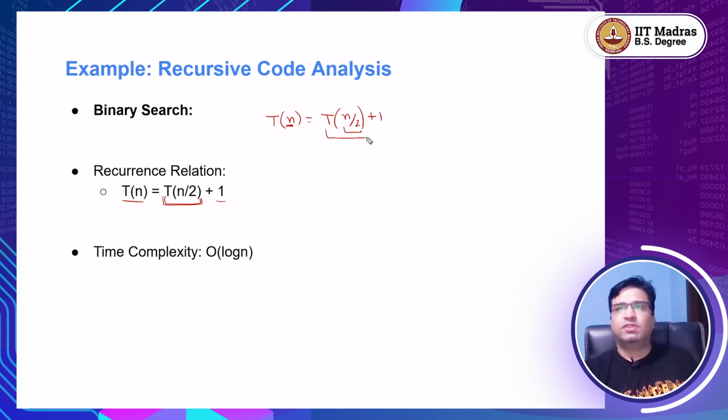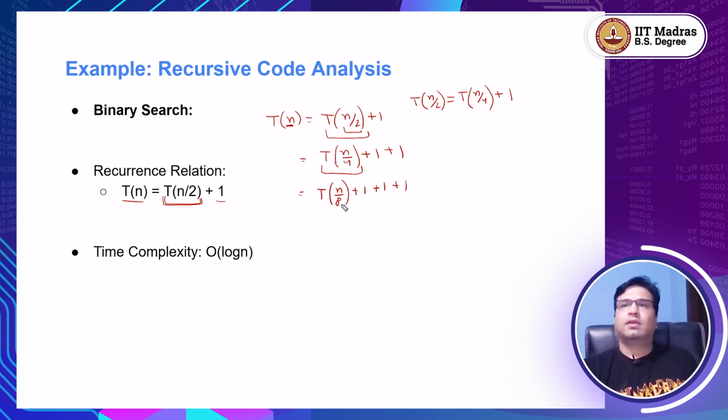So instead of T(n/2), we will write T(n/4) + 1, and the previous plus 1. In this way, if we expand further, we can replace this part like T(n/8) + 1 + 1 + 1.